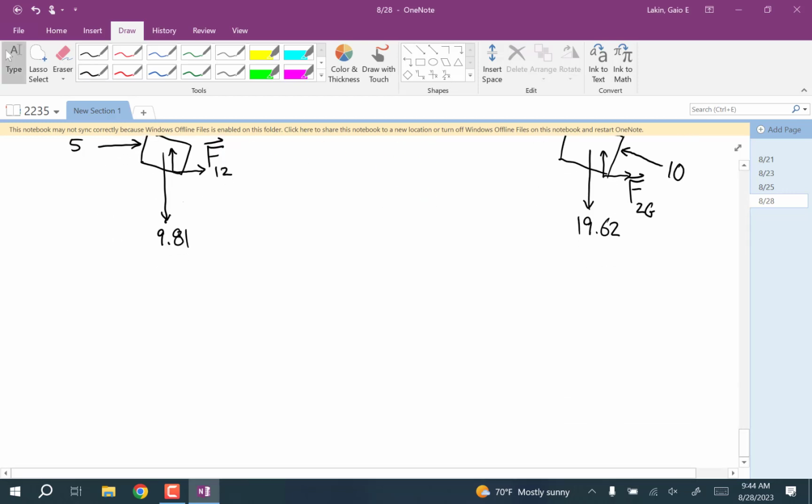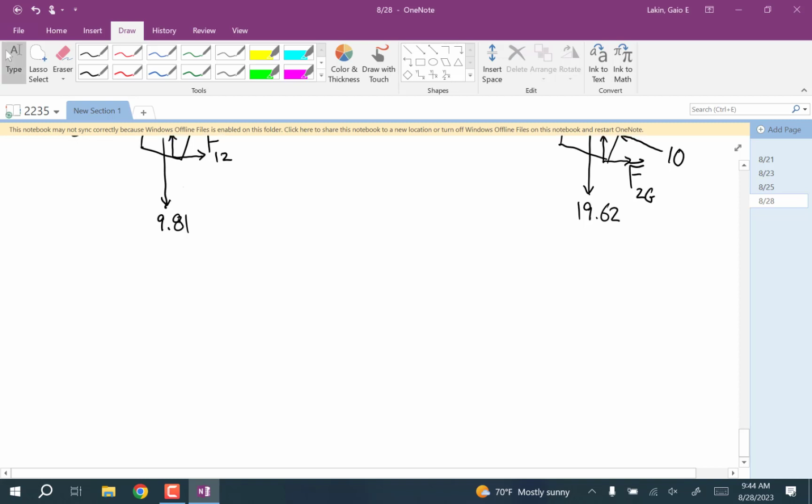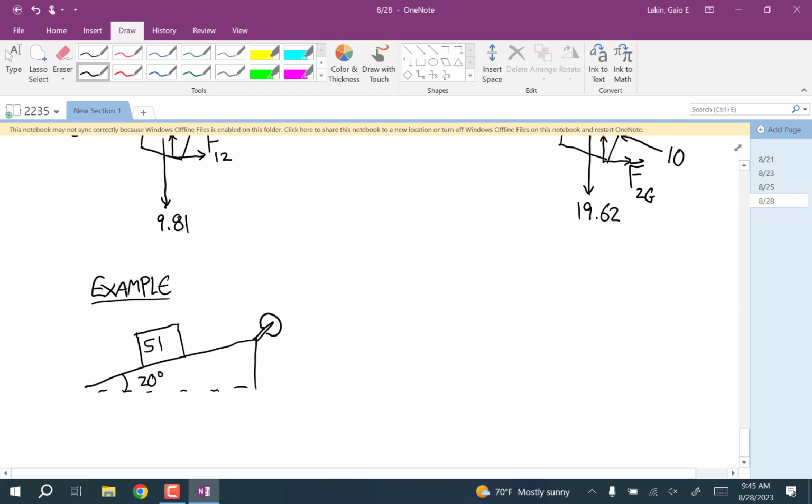Okay, well, let's do one problem example. So let's say we have an incline of 20 degrees, and we have a 5 kilogram block on the incline.